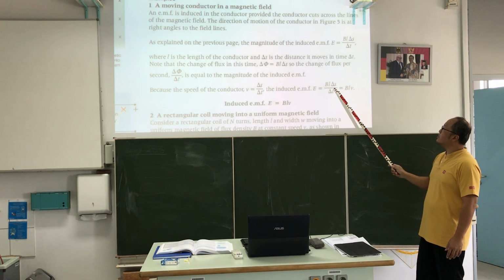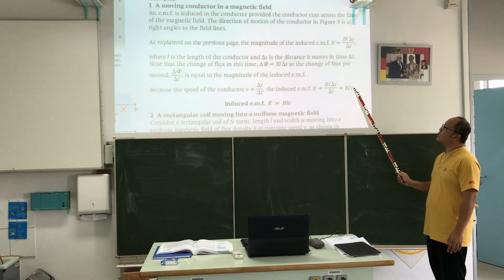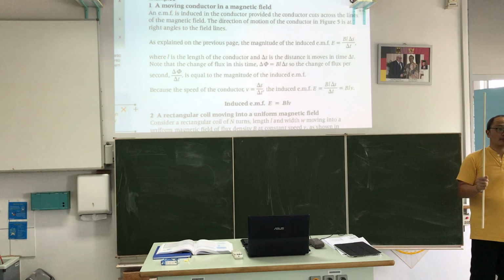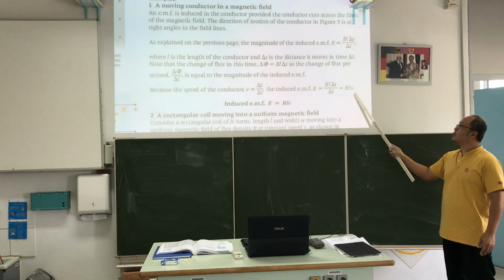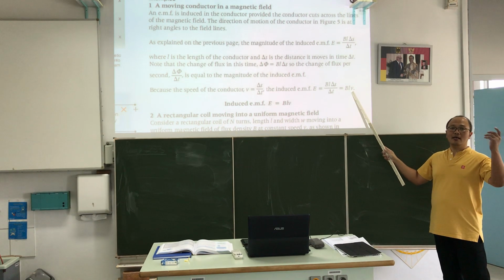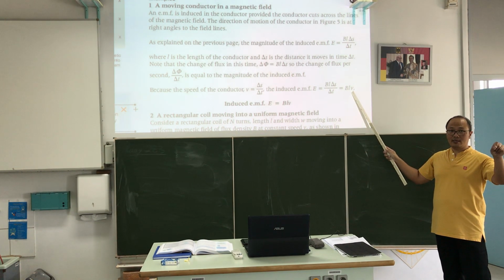And then you know that delta S over delta T equals V. Not exactly. You still remember that delta S over delta T will be V if we think of this V as the average velocity, correct? Meaning uniform motion.